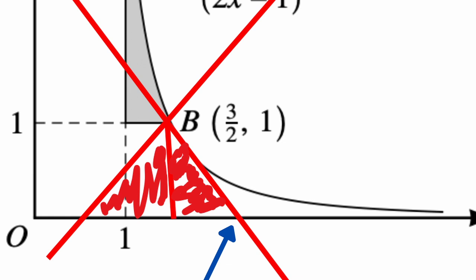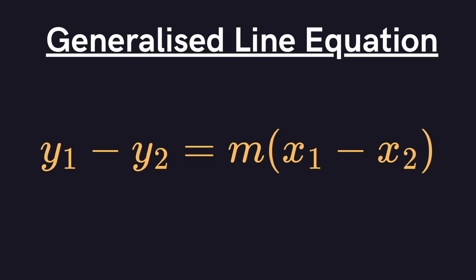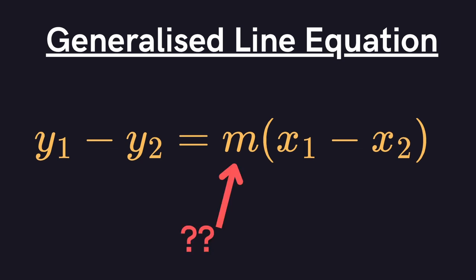Well, to do that, we need to first find out what the equation of this line even is. Which can be done using our generalized line equation, y1 minus y2 is equal to m times x1 minus x2. So how is m found exactly? Simple.